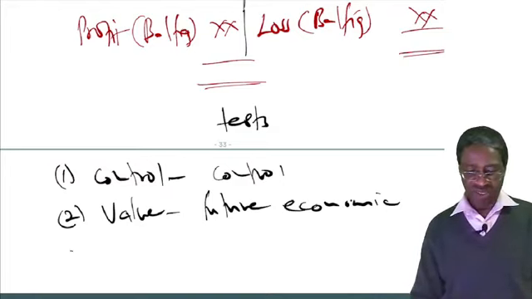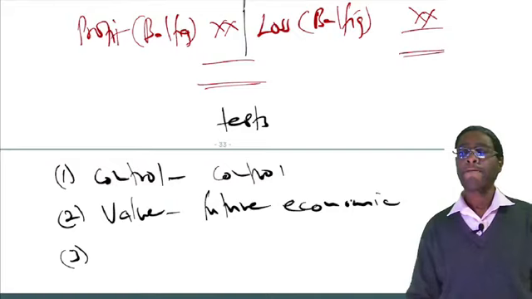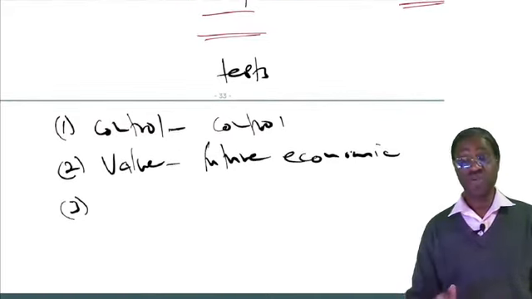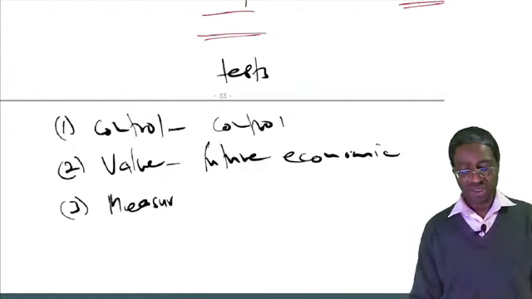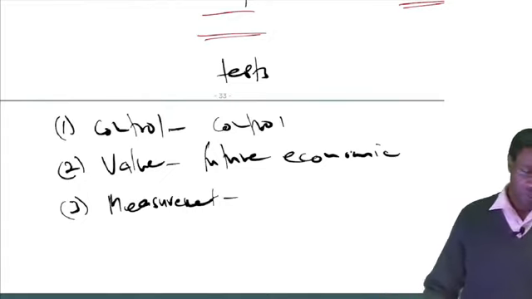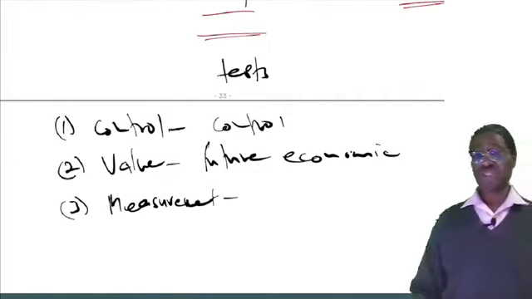Number three, another thing that asset should have, measurement. Put a dash.